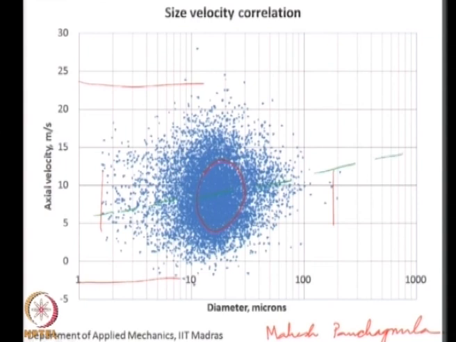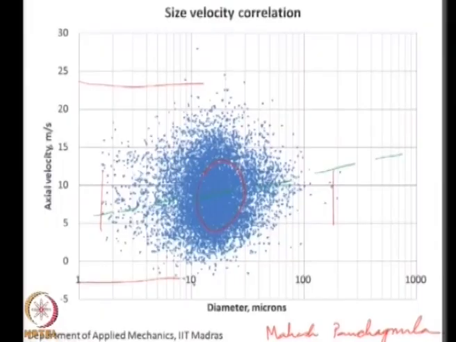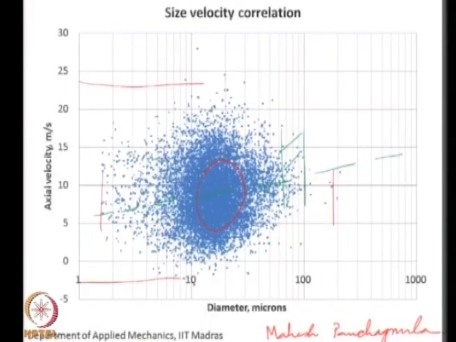This trend becomes more obvious when we fit a linear profile to this data set: the smaller drops tend to move with a smaller axial velocity than the larger drops. So, there is a small discrepancy on the order of about 15 to 20% between the mean velocity of a group of drops here and the mean velocity of a group of drops here. This is what we call size velocity correlation.